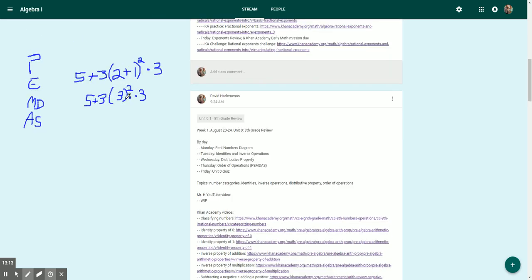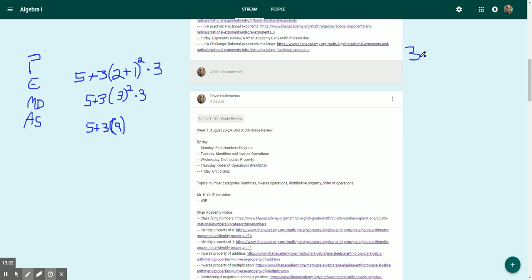And now we can do our exponents. So everything else stays the same except for the exponent part. So 3 squared, that's going to be 3 times 3, which will be 9. The exponent tells you how many times to multiply the base together.